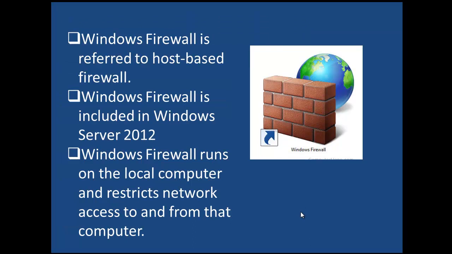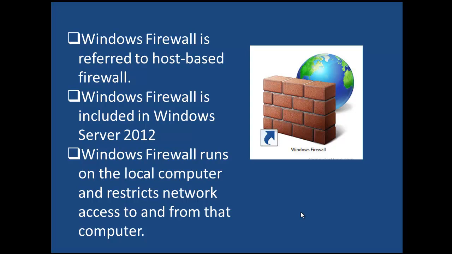Windows Firewall has what is called the Host-Based Firewall. And the Host-Based Firewall is the firewall that is configured on the host computer itself. It runs on the local computer. And on a computer, you have traffic going out and you have traffic coming in.